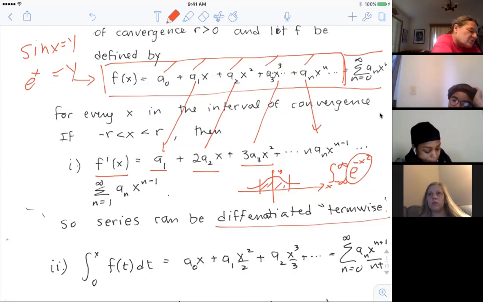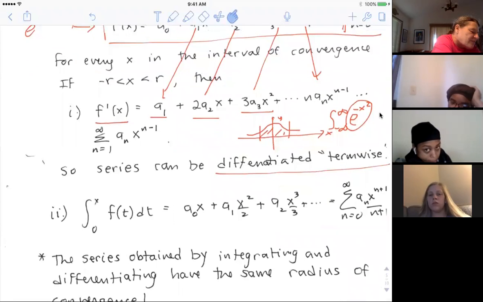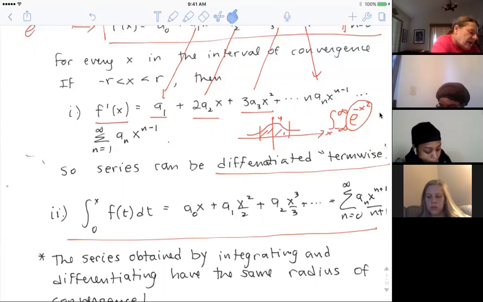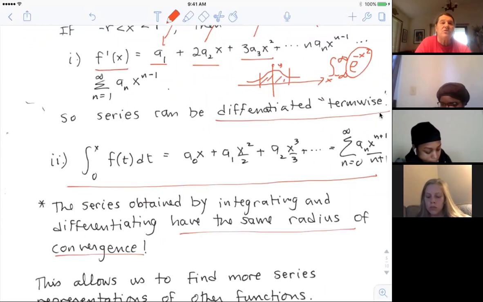All right, so let's look at something here. I can integrate term-wise, and I can differentiate term-wise. And the series obtained, whether through the integral or the derivative, has the same radius of convergence as the original series. So if the original series converges between -1 and 1, so will the integral, and so will the derivative.